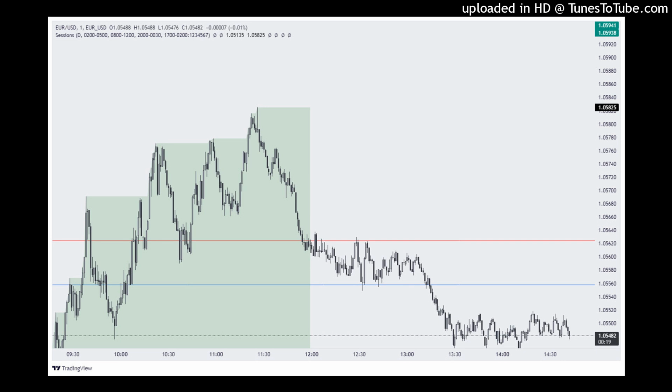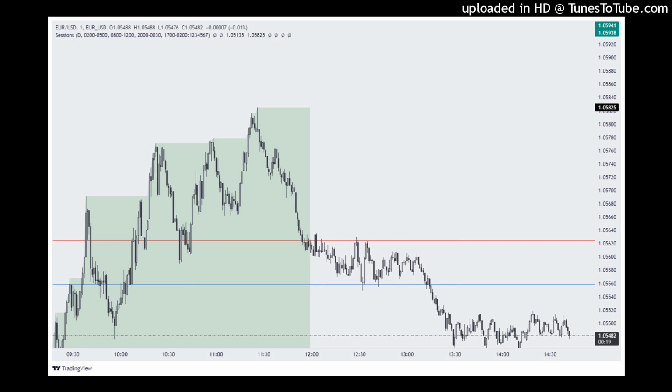You have this premium array in the form of that swing high as a magnet, and the daily fair value gap as a magnet. Then the lower time frames, so the 1 hour, the 4 hour, the 15 minute, 5 minute, you are using those fair value gaps in context of one another to see where those fair value gaps are guiding us towards.